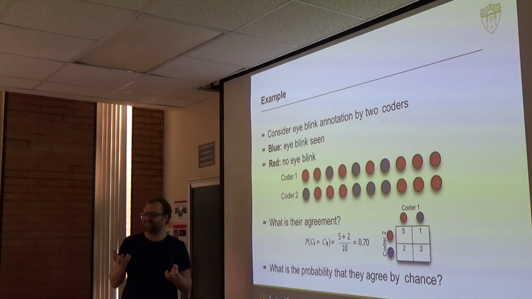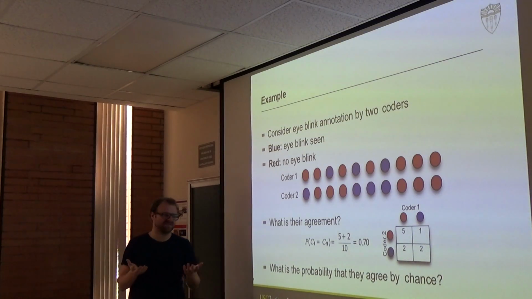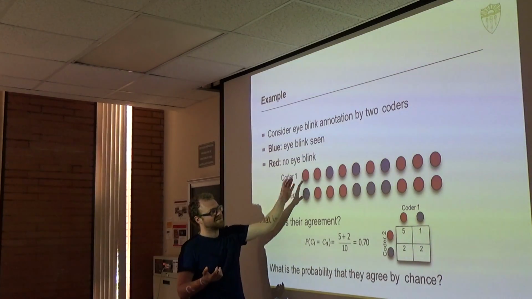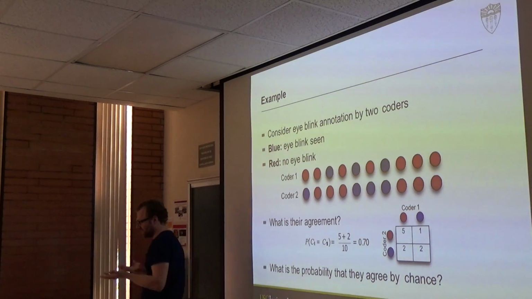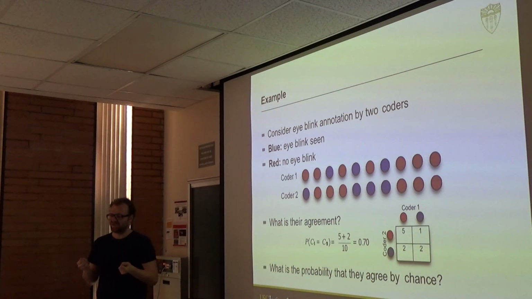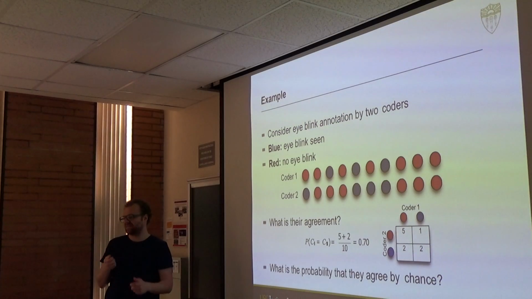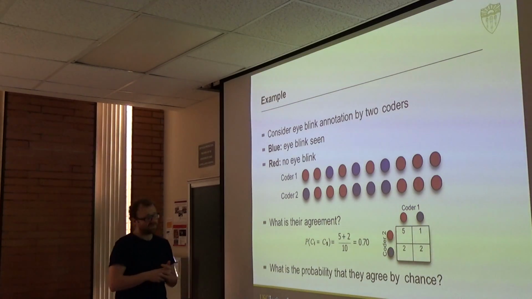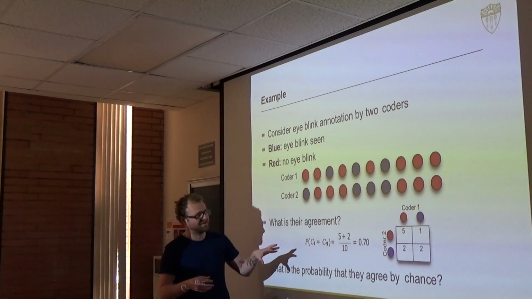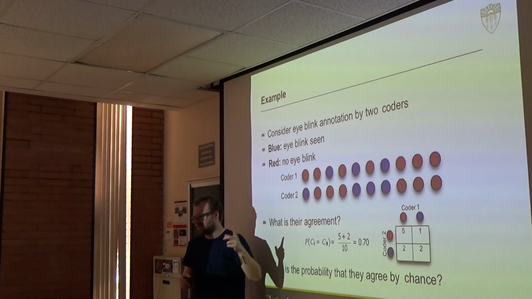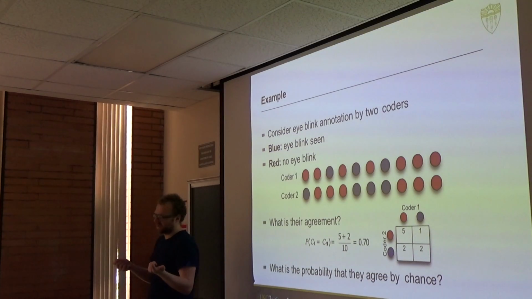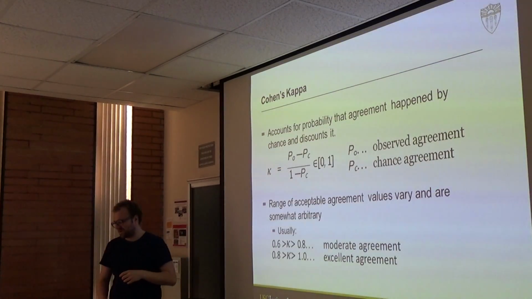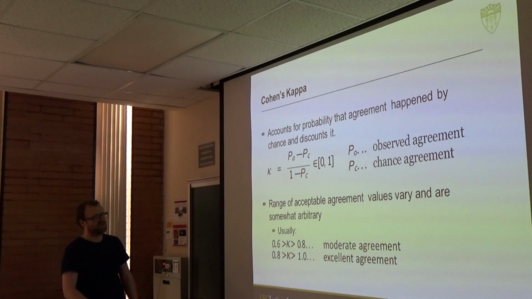We have two classes, and if each one of them says one or the other 50% of the time, you just have a random possibility of agreement between the two. So what you want to do is factor in the prevalence of each coder to say one or the other class, and subtract that from your agreement. That's what Cohen's kappa does.